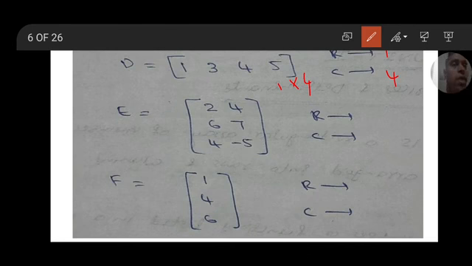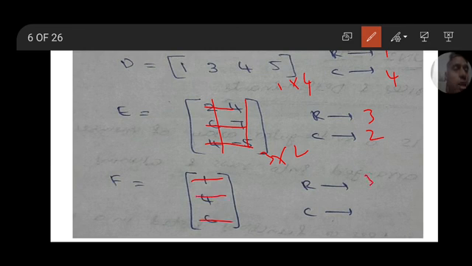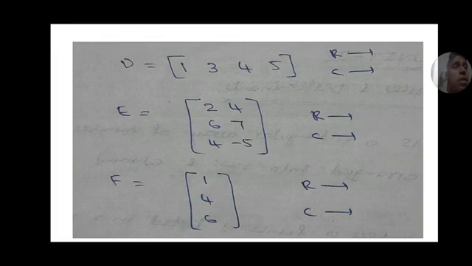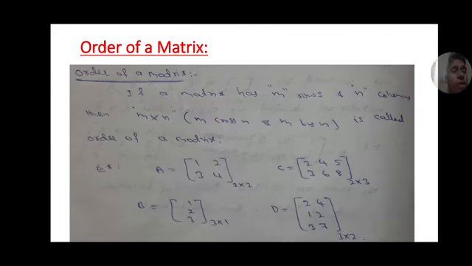In this, 3 rows and 2 columns, so it is a 3 by 2 matrix. And here 3 rows and 1 column, so it is a 3 by 1 matrix. Order of a matrix is number of rows cross number of columns. M cross n is called the order of a matrix.